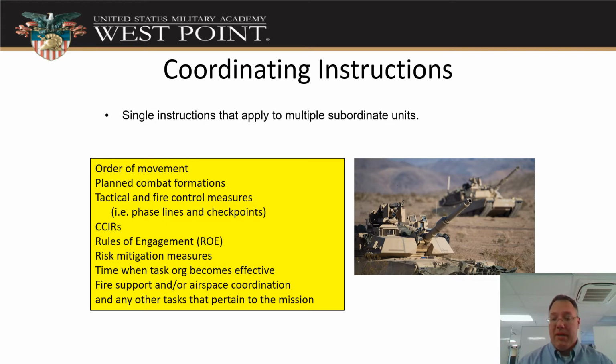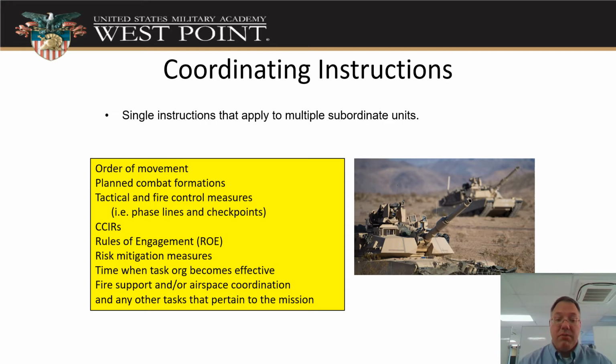Planned combat formations, for the entire movement: I want the platoon in column with squad wedges, whatever. Tactical and fire control measures, how phase lines apply, how checkpoints apply. Your CCIRs, we'll get into that. Rules of engagement, that apply to everybody. Risk mitigation, time when the task order becomes effective.